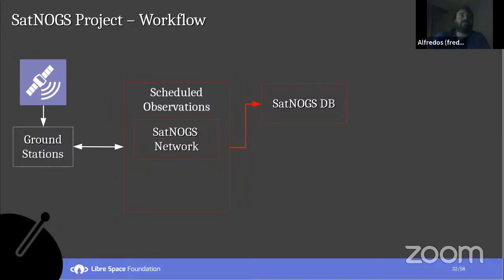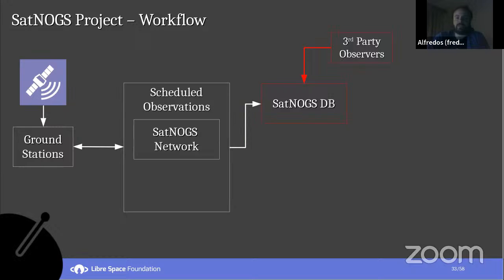SatNOGS DB is the place where we store all the information about the satellites, like their orbital data, their transmitters, and on which frequencies they transmit, and we also gather there all the frames from these satellites. We also have observers external to the network that also contribute frames to the SatNOGS DB service.